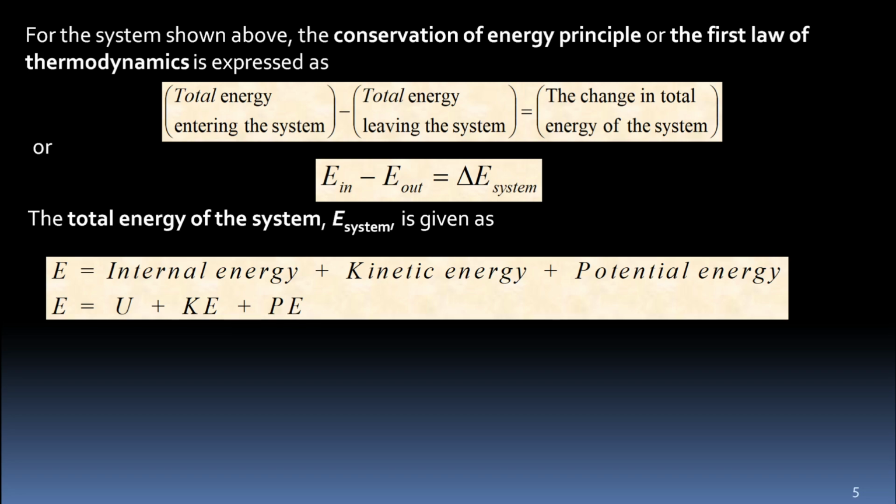Suppose 100 kilojoules of energy is going into a system and only 50 kilojoules is coming out of the system. So 100 minus 50 kilojoules: 50 kilojoules will be stored inside the system in some form. It may cause a change in internal energy or it may transfer as heat. We don't know, that we will analyze later. But still, the total amount of energy will remain the same.